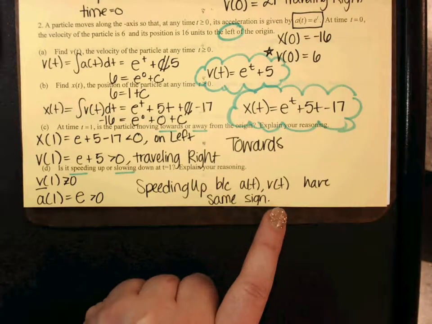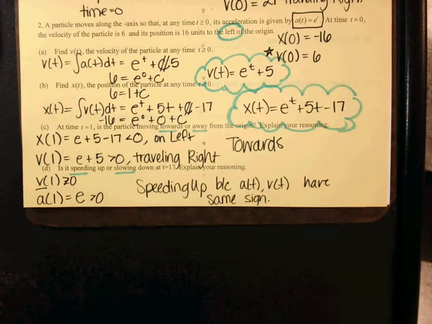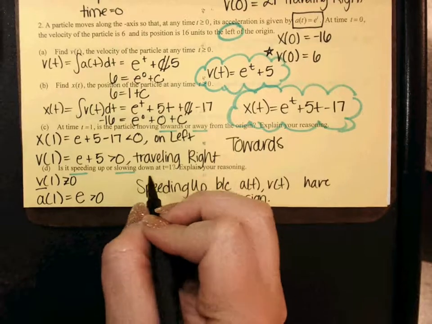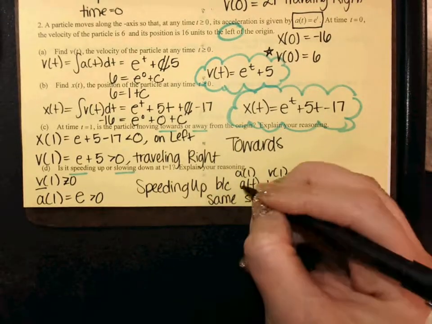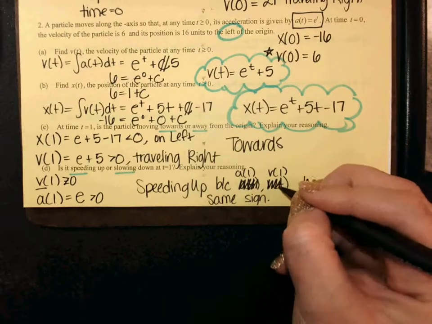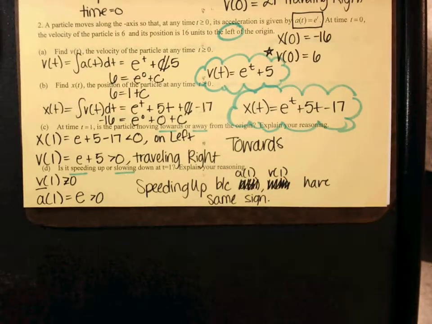Is that true? No. When are they the same? At 1. So you have two choices. You can put at t equals 1, but I would put A of 1 and V of 1. And don't make it generic, make it specific. We're talking about a single time value, so we want to make sure that our explanation matches that as well. Okay?